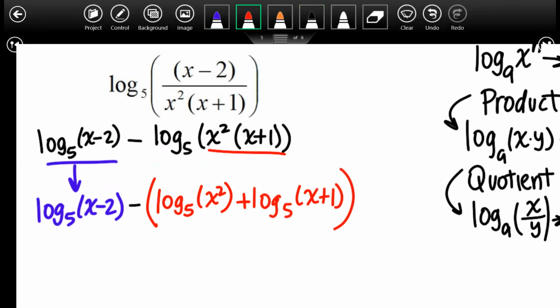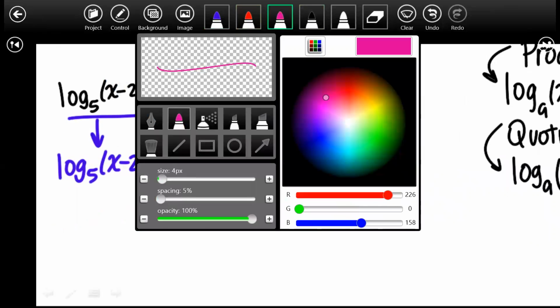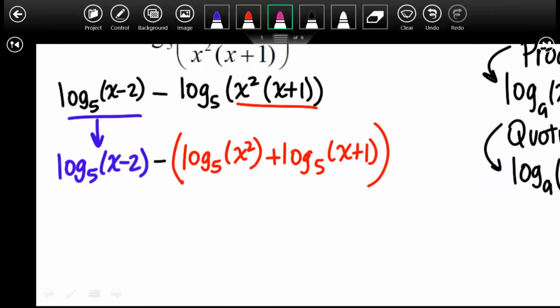One last thing I got to do is the power property. Our power property is going to come from, maybe a hot pink right here.